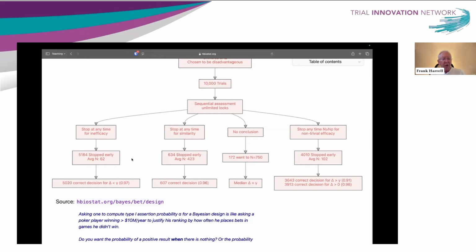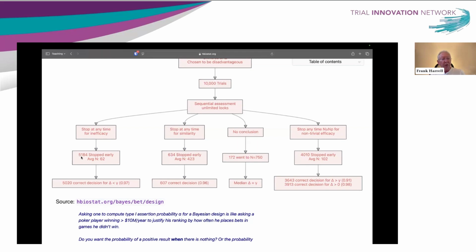So that has absolutely nothing to do with decision making and nothing to do with Bayes. So the Bayesian operating characteristic would be, of all of the times when you stopped early for inefficacy, what proportion of the times were you correct? So that is the all-important appropriateness of the decision criterion.